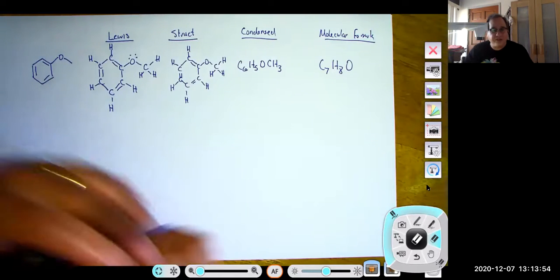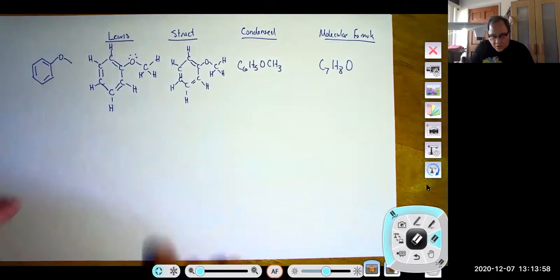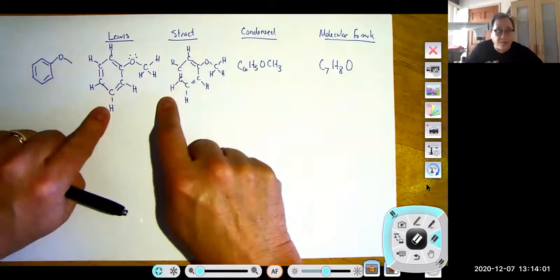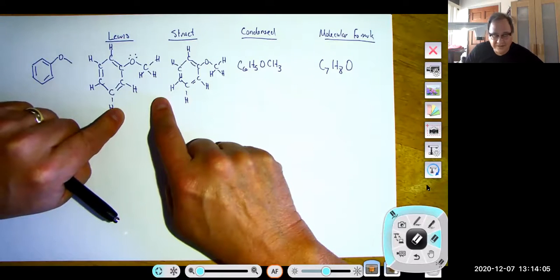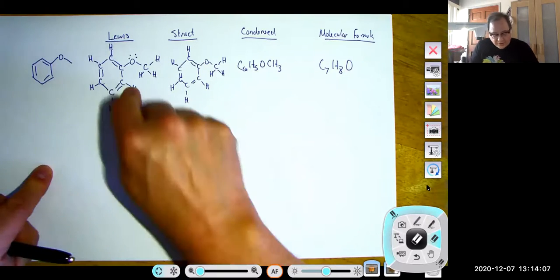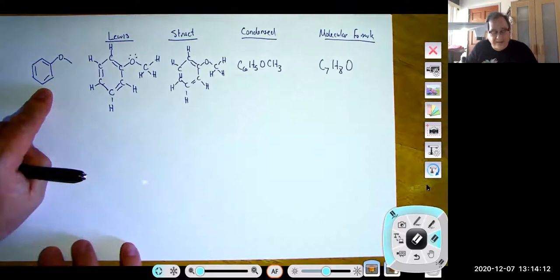So let me ask you, if you are writing a book and you want to show complex molecules, and by the way, these are not complex, they're very simple, would you rather do this or this when you're trying to indicate to people what they're looking at? And the answer is this.